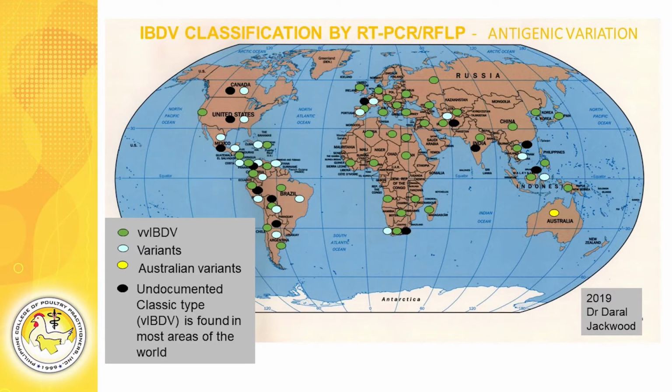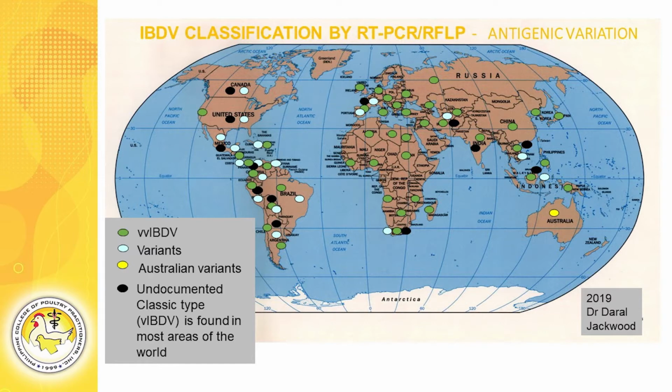Here, I would like to share with you a chart provided by Dr. Daral Jackwood. As you know, Dr. Jackwood is one of the persons that has done a lot of research about IBD. First of all, the classical strains, you could say they are present all over the world. The very virulent types, represented here by the green dots, are found also in many, many parts of the world.